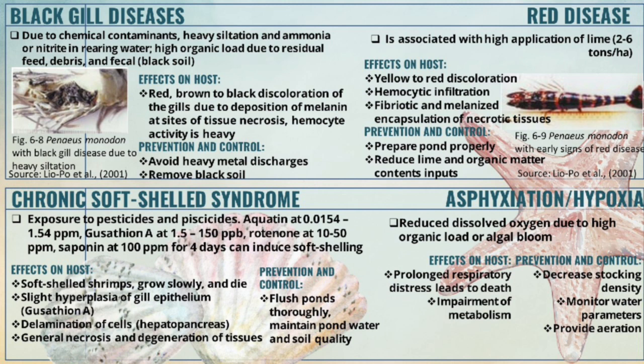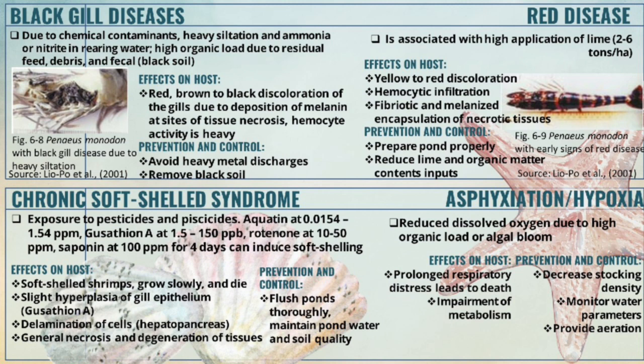Signs associated with this disease show that the gills of the affected shrimps show reddish, brownish to black discoloration, and in advanced cases, the gill filaments become totally black. So for our figure 6.8, this is an example of black gill disease in Penaeus monodon due to heavy siltation.